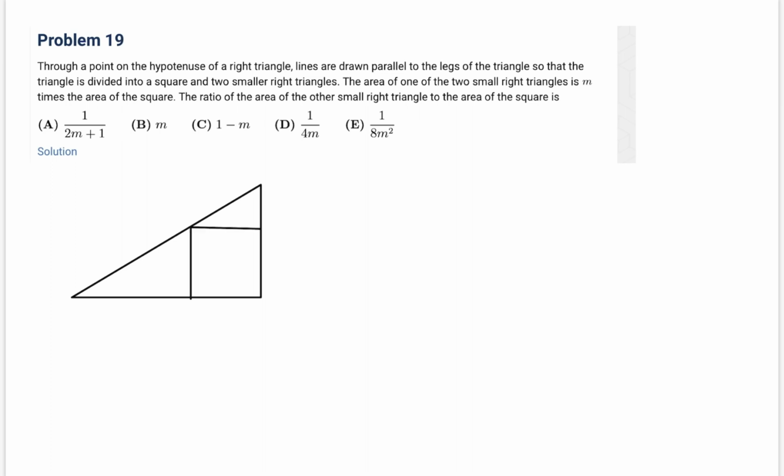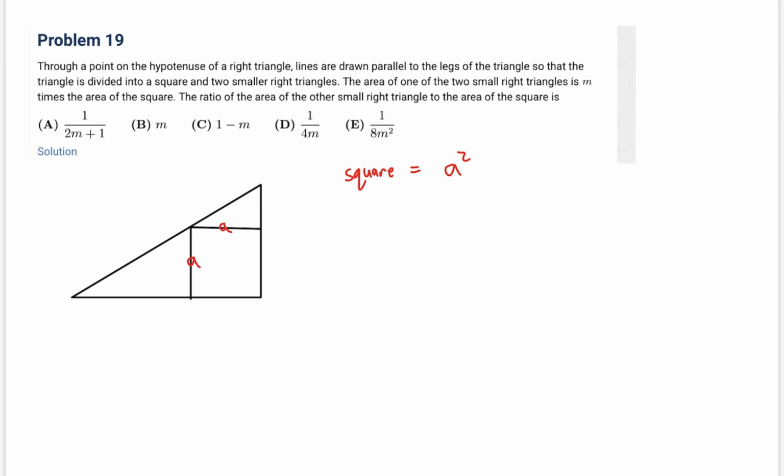And then here we can say that if the length of this is a, then this must also be a, and the area of one of the two small triangles, let's say it's this one, is m times the area of the square. So area of the square is a squared, right?